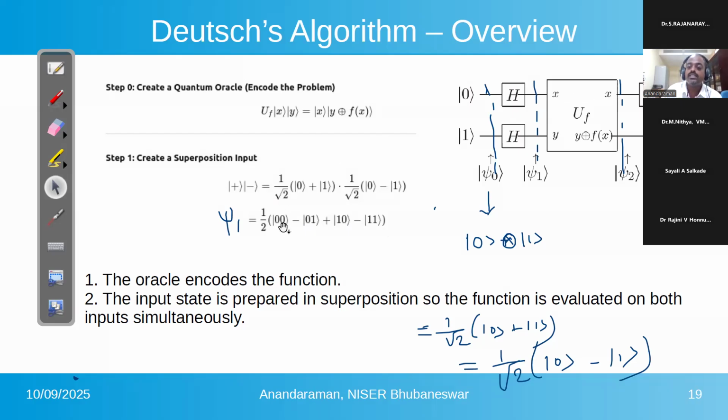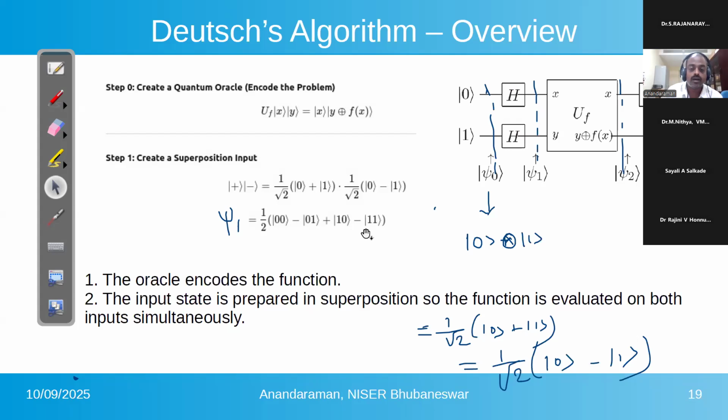Here y is 0, so substitute y as 0 XOR f of x, which is f of 0. Then y is 1, so 1 XOR f of 0. Then with x as 1 and y as 0, 0 XOR f of 1. You understood? You substitute like this.